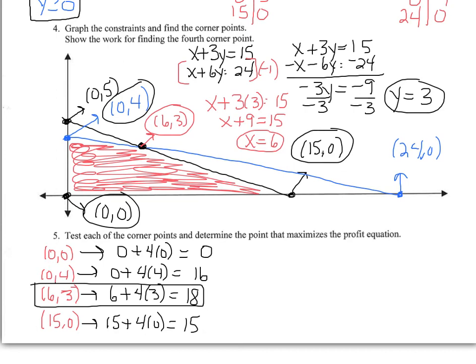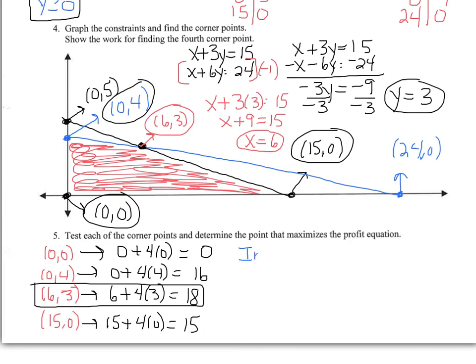So what I'd like to do is write a conclusion statement for this problem. The 6 stands for something, the 3 stands for something, and the 18 stands for something. We plugged everything into the profit equation, so the 18 is profit.